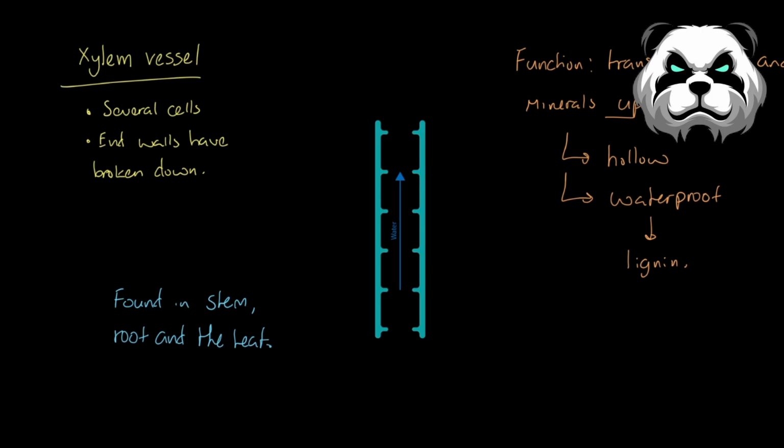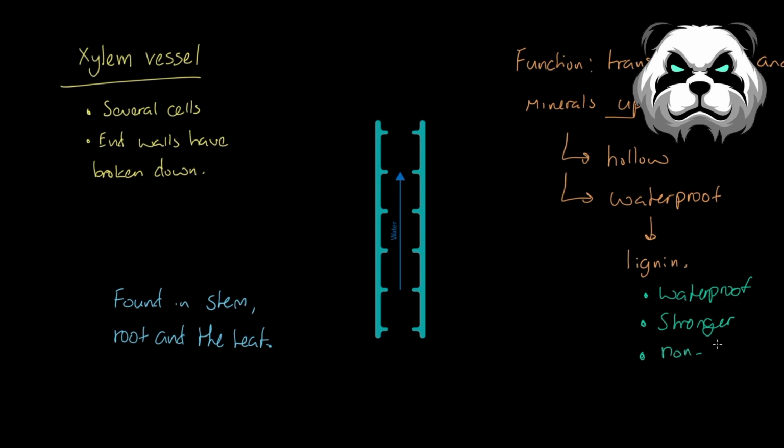Now, that really leads us neatly to come back to this point about lignin. As I've said to you already, lignin is waterproof. So let me rephrase that. Lignin waterproofs the xylem vessel. Okay, it also makes the walls of the cell stronger. So we've got a waterproofing effect, we've got the fact that it makes the cell stronger, but it also kills the cell.